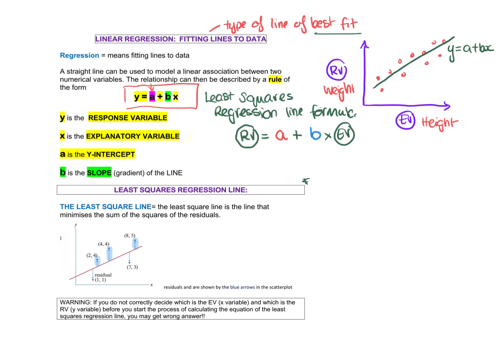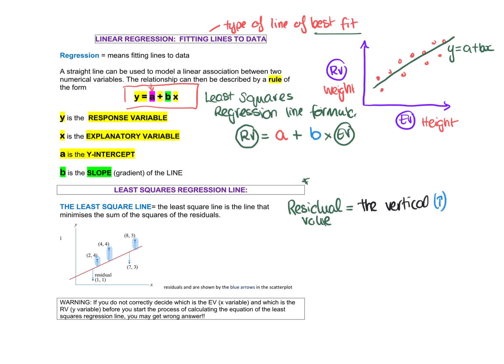So let's have a look. We're going to write that out here. So an actual residual, let's write the definition. A residual value is the vertical distance. What do I mean by vertical? It'd be the up and down. I'll just put it in so you can see.